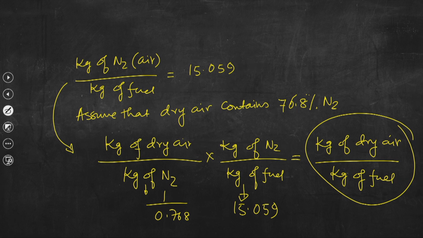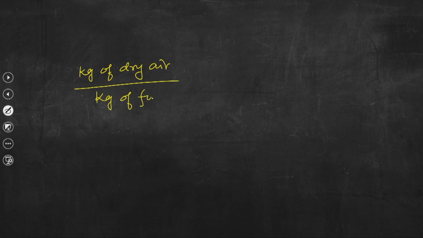So, 1 kg of nitrogen, that quantity should be 1 upon 0.768. So, if we go to the next slide, this quantity is essentially equal to 19.60. So, that means we can write that kg of dry air divided by kg of fuel is equal to 19.60.